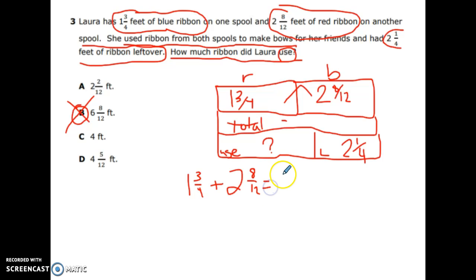Well, I can go ahead and add my whole numbers. 1 and 2 makes 3, but can I add 4ths and 12ths? I sure hope you're saying, no, Miss Dela Cruz, you sure cannot add 4ths and 12ths. And knowing over here that I need to make my list of multiples.